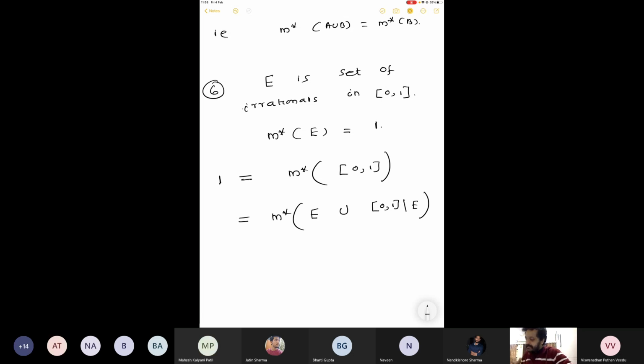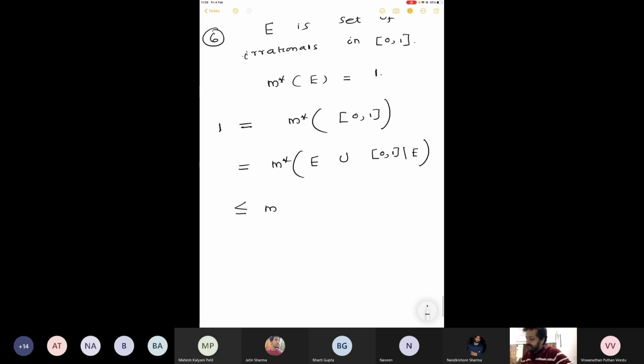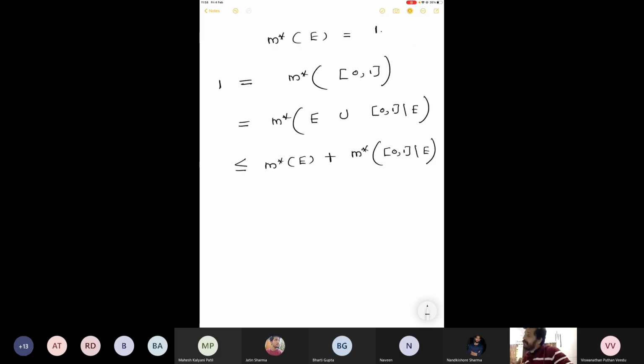Now this is less than or equal to, I cannot say equal to. Even for disjoint sets, I cannot say equal to. I can say equal to only when I know they are all measurable. So this is less than or equal to m star of E plus this. And this is equal to m star of E.